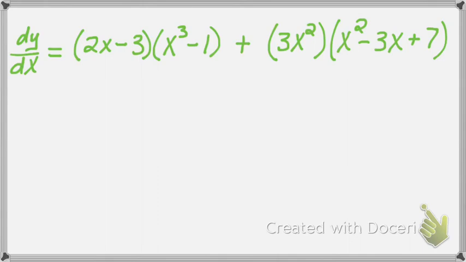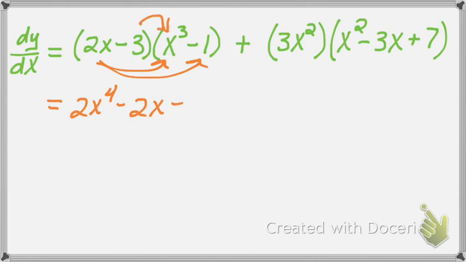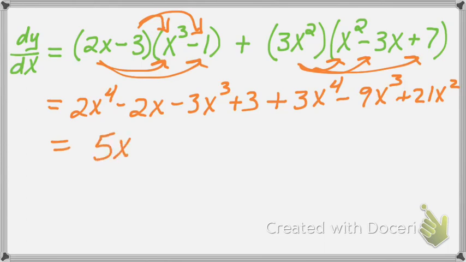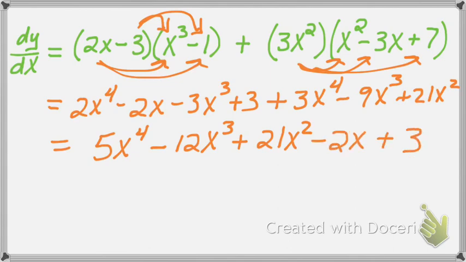Okay, so if I did want to multiply this out and simplify, I end up with 2x to the fourth minus 2x minus 3x cubed plus 3, plus 3x to the fourth minus 9x cubed plus 21x squared, and that equals 5x to the fourth minus 12x cubed plus 21x squared minus 2x plus 3.